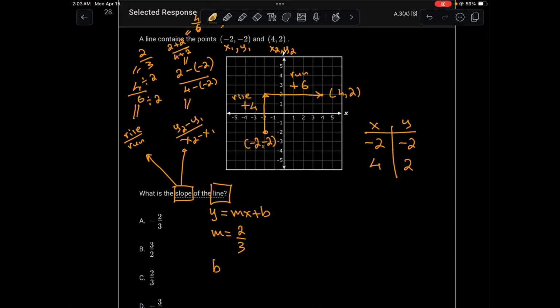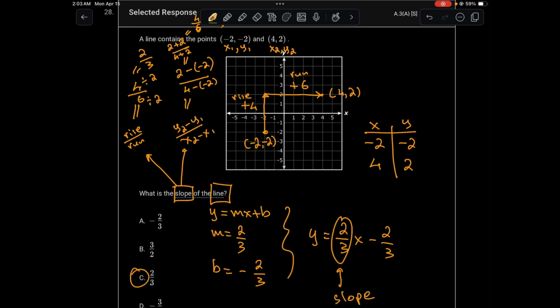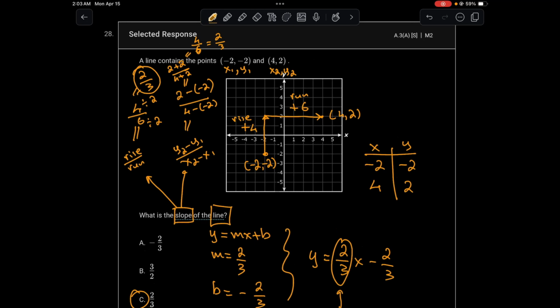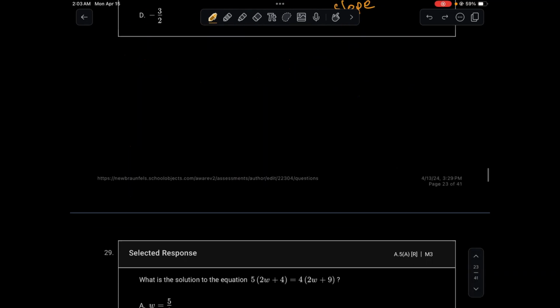And the equation, if I wanted to write the equation of this line, this equation would be 2 over 3x minus 2 over 3. But I care for that number, which is the slope, and I would choose C. And that agrees with the two calculations that I did earlier to find the slope.